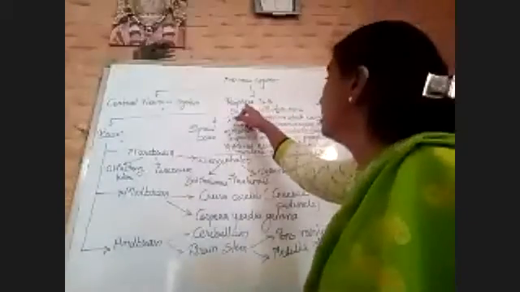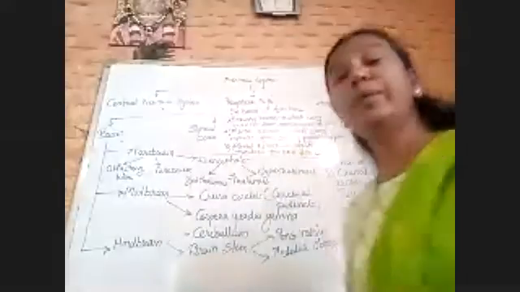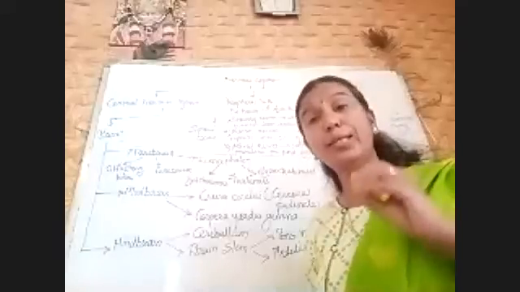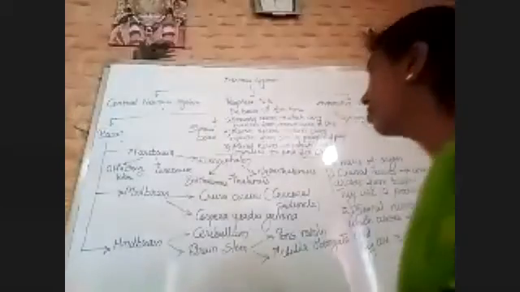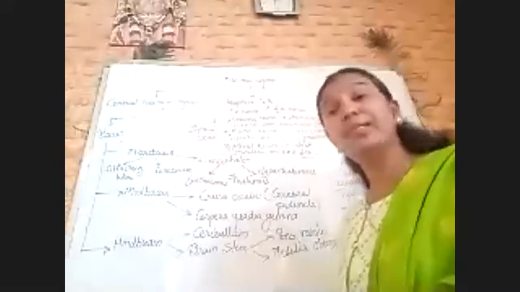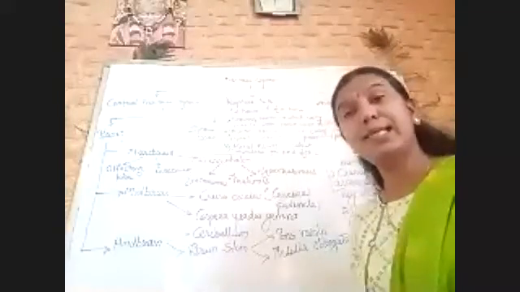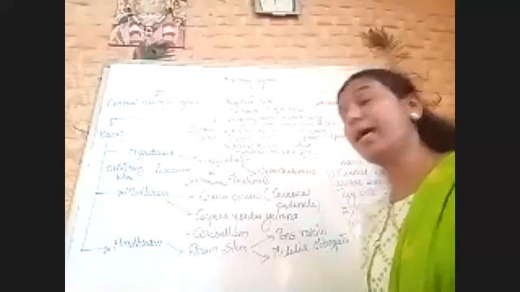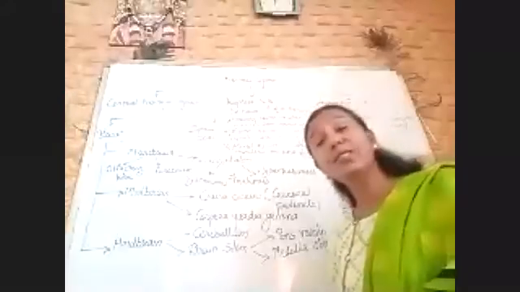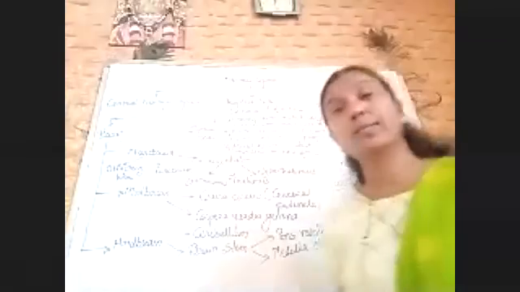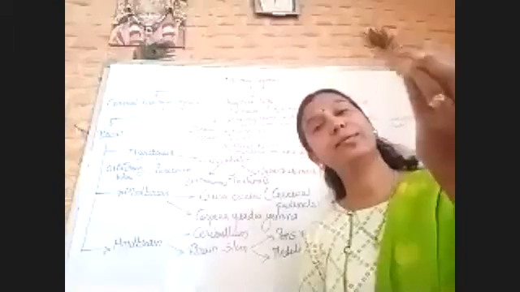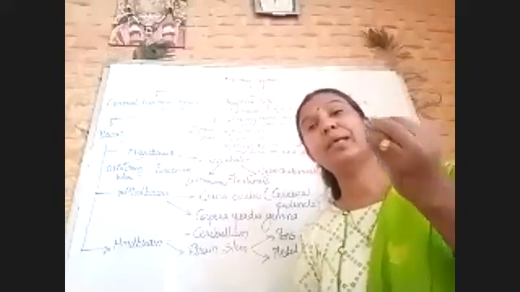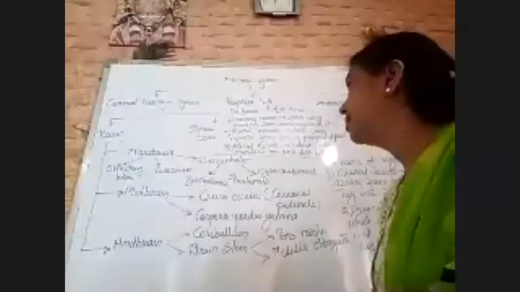Then second is the peripheral nervous system. Peripheral nervous system will contain only the nerves. And these nerves, on basis of functions, are classified into three types: sensory nerves, motor nerves, and the mixed nerves. The nerves which carry impulses from sense organs to the central nervous system are the sensory nerves.